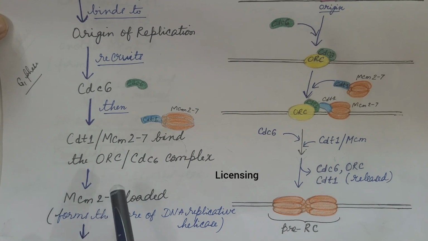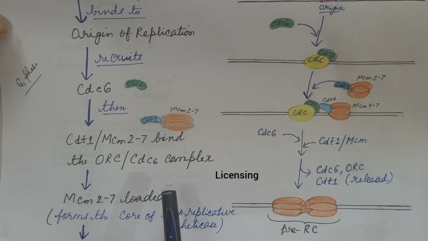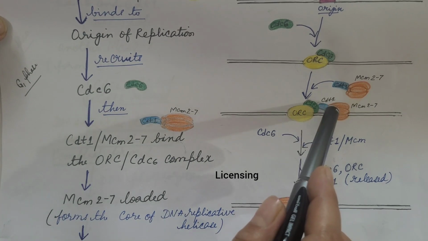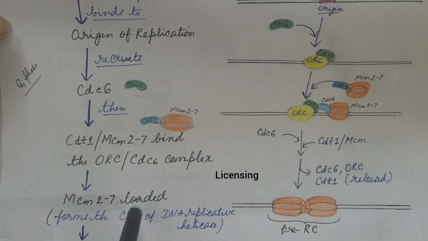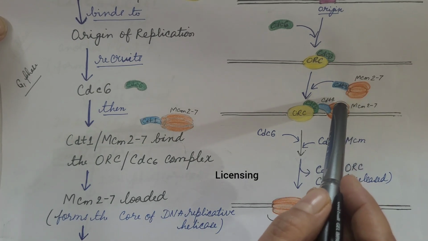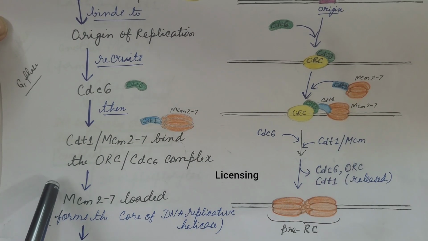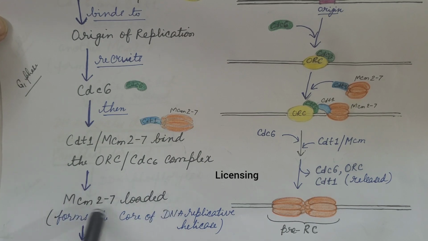CDT1 is chromatin licensing and DNA replication factor 1. This CDT1 stabilizes a single MCM2-7 hexamer and loads it onto the chromosome. Hence, we say that MCM2-7 is loaded.